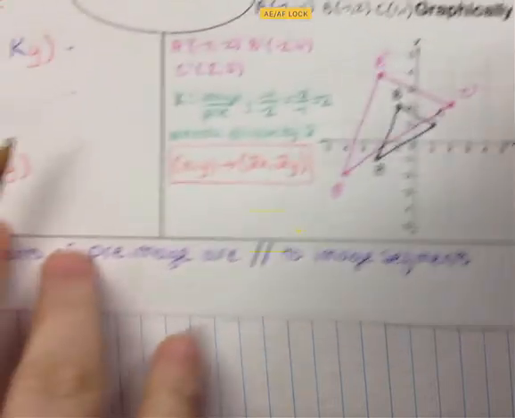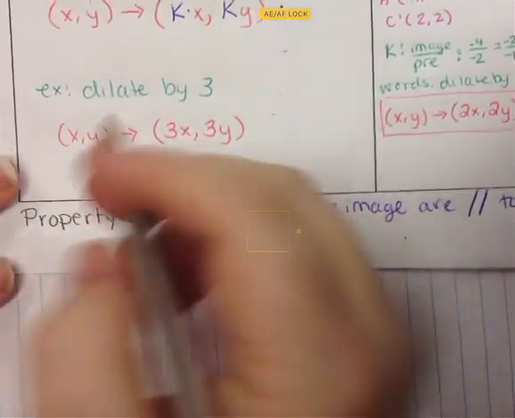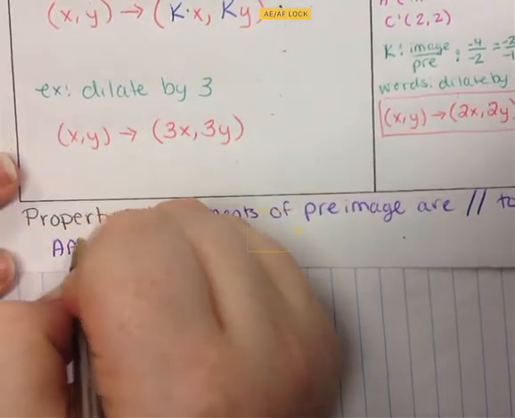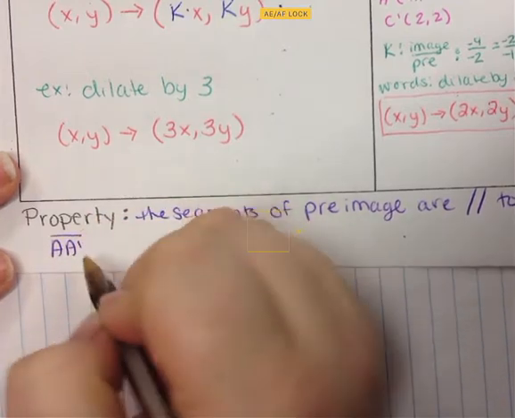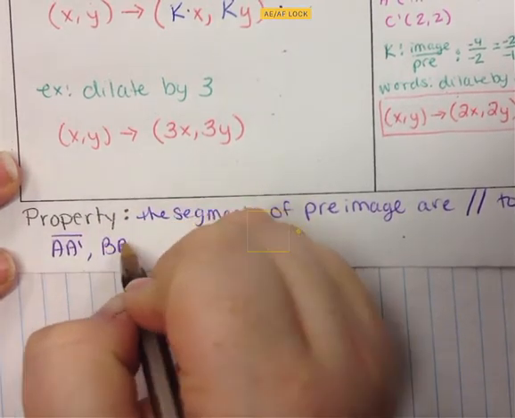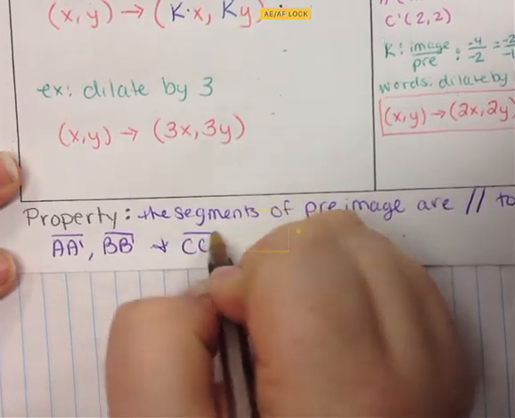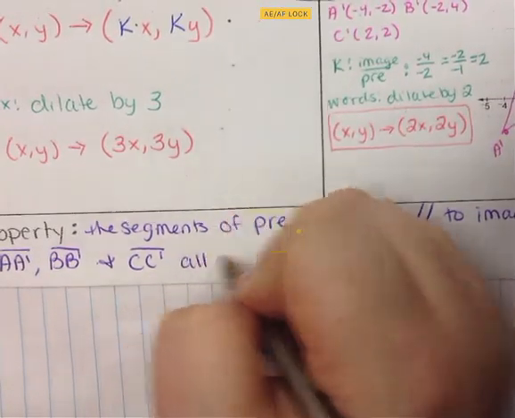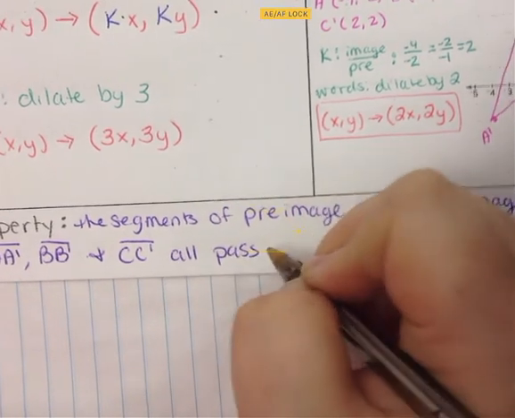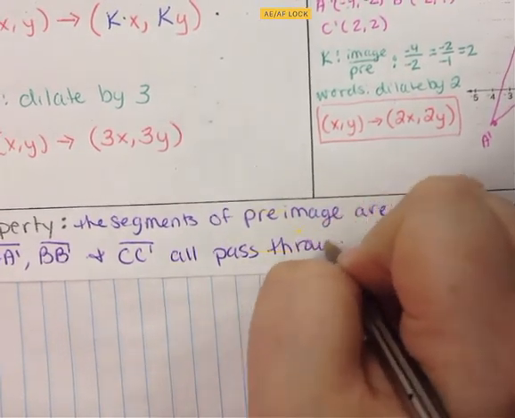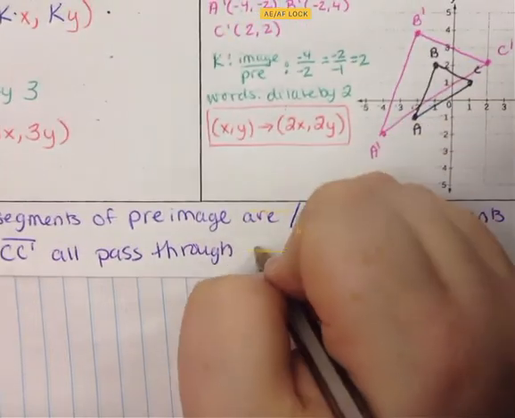Then the second thing that you have to show is that segment A prime, segment B prime, and segment C prime all pass through the center of dilation.